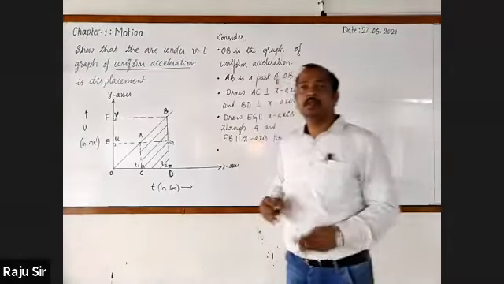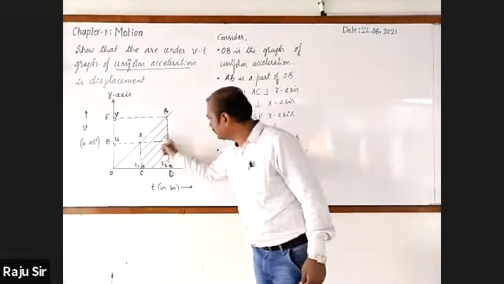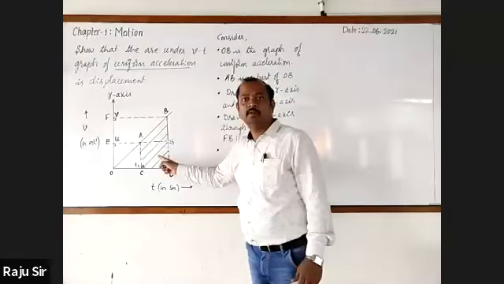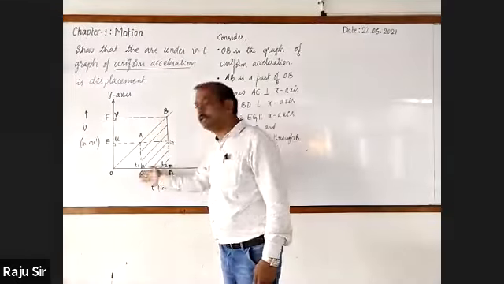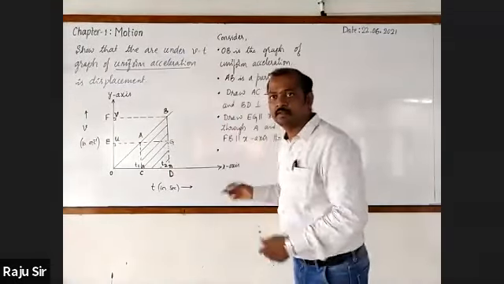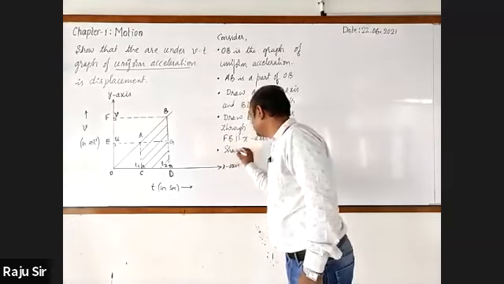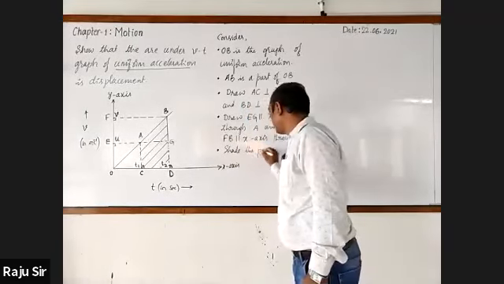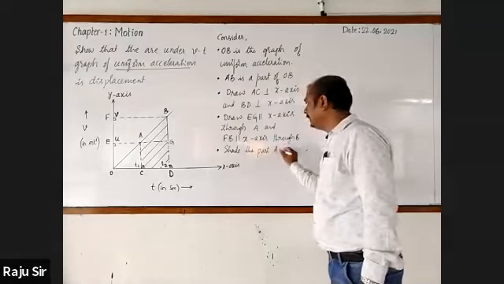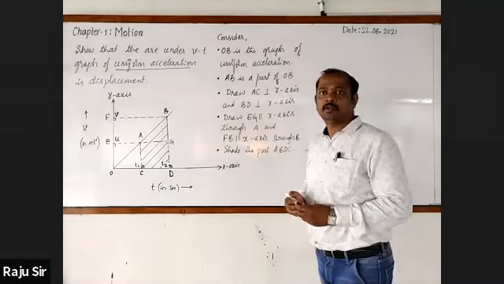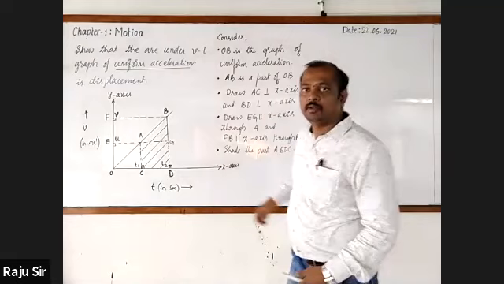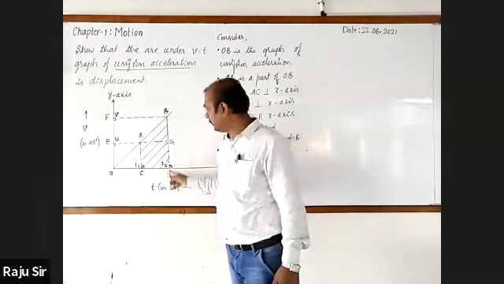Next. After that, what have we done? We have shaded the path ABDC, right? Shade the path ABDC. Now you tell which geometric figure is ABDC? Trapezium.